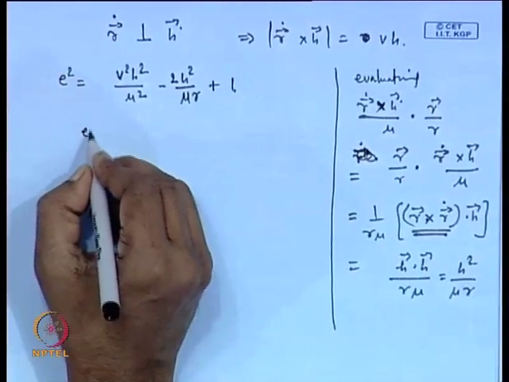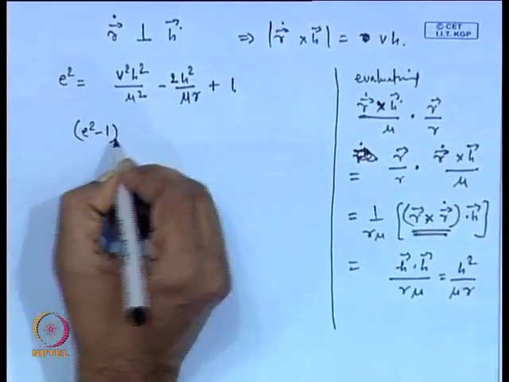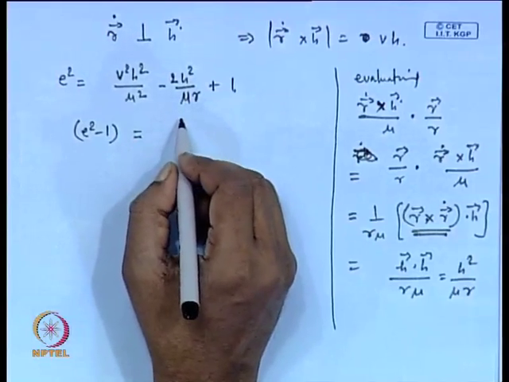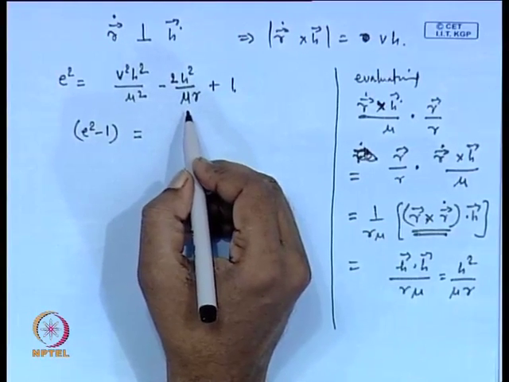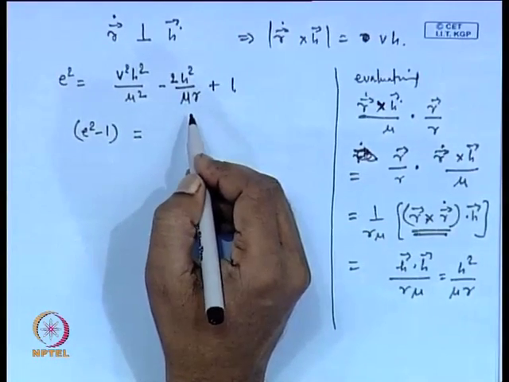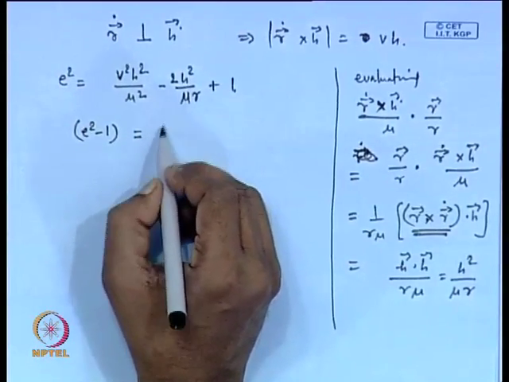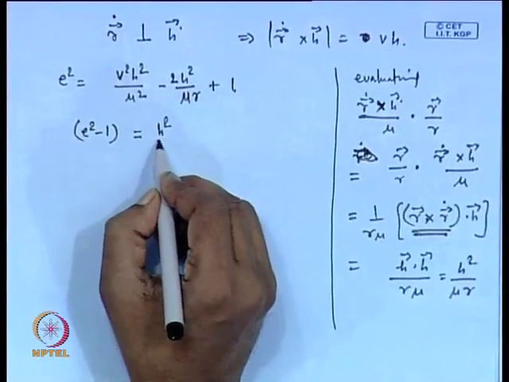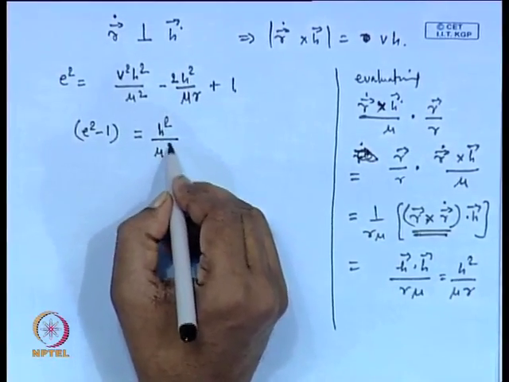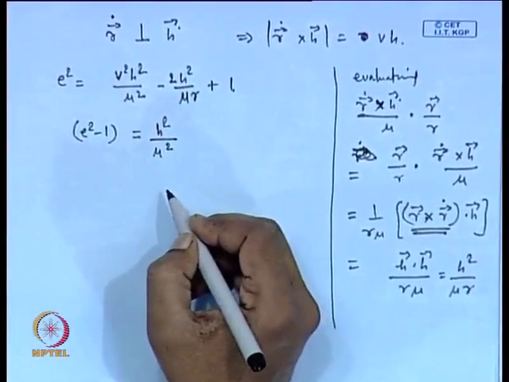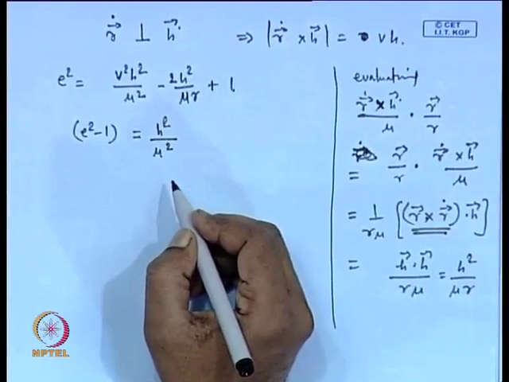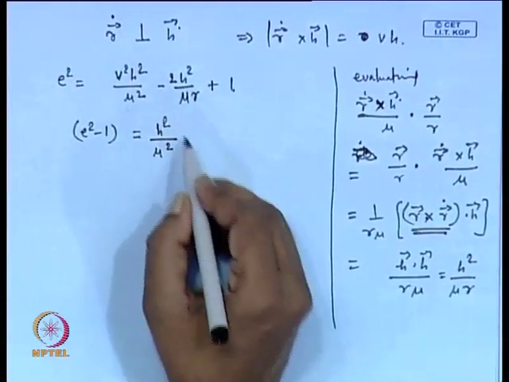And now, taking this 1 on this side, we have E square minus 1, this becomes equal to, and further we can take a few things outside. So, let us say we take the mu square outside here. So, we take h square outside on the right hand side, and then the mu square also. Okay, let us work with this.